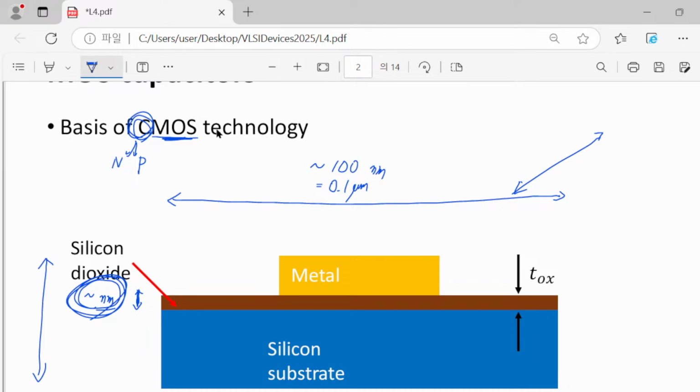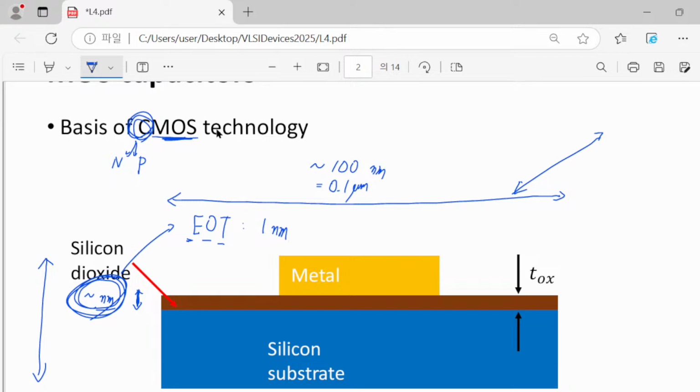Nowadays, if you are working with a state-of-the-art device, you will find that the EOT, equivalent oxide thickness, you may have heard about it, the E means equivalent, not for your actual insulating material, but converted into that of pure silicon dioxide, and it is around 1 nanometer or reaching below 1 nanometer.